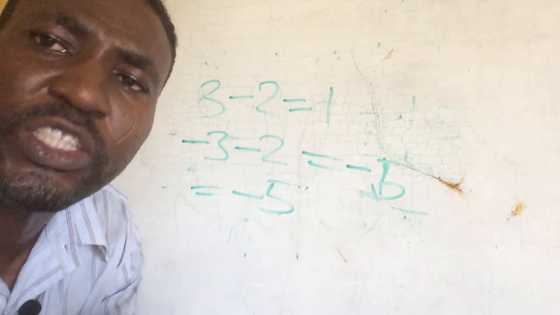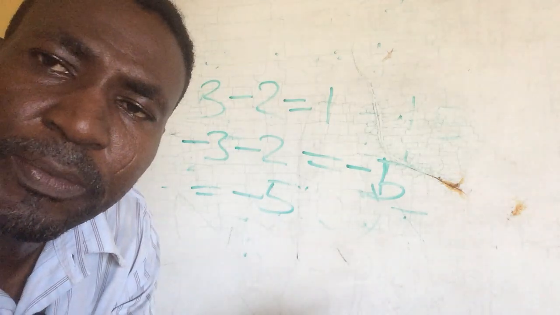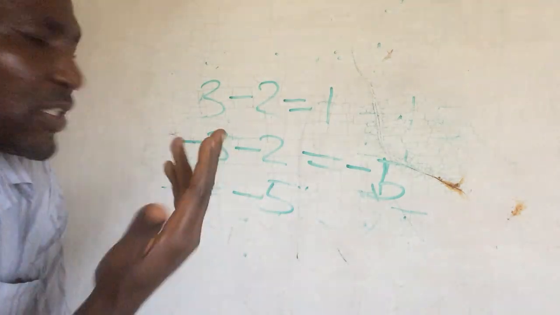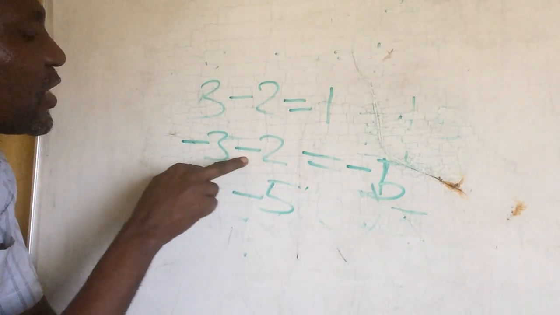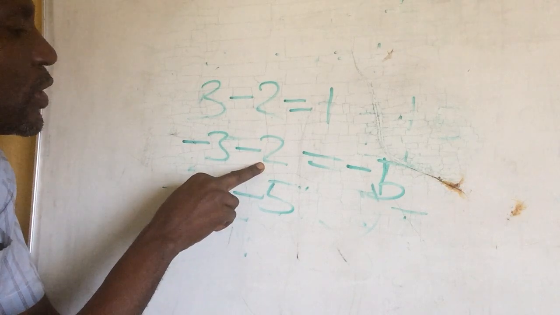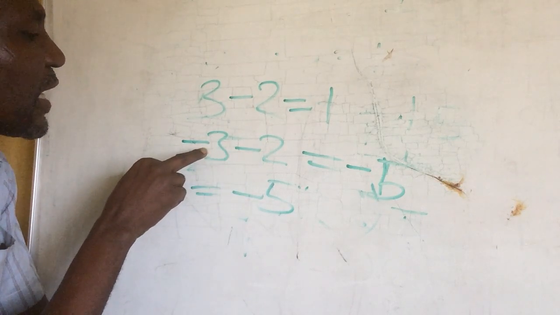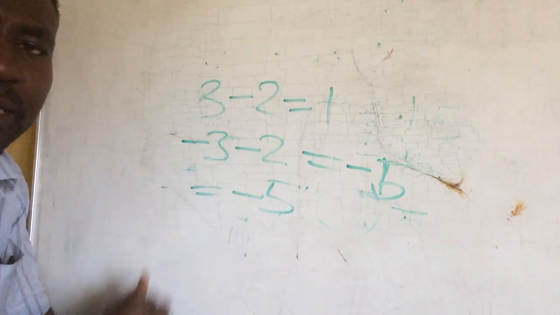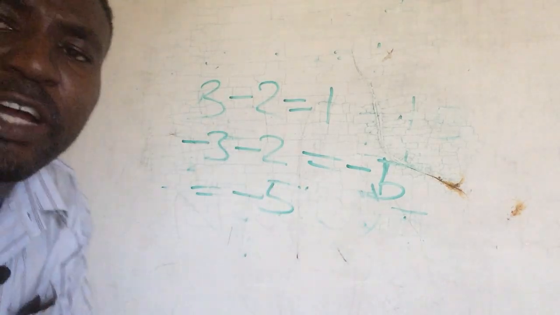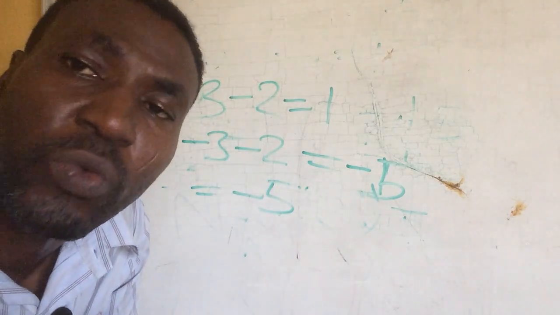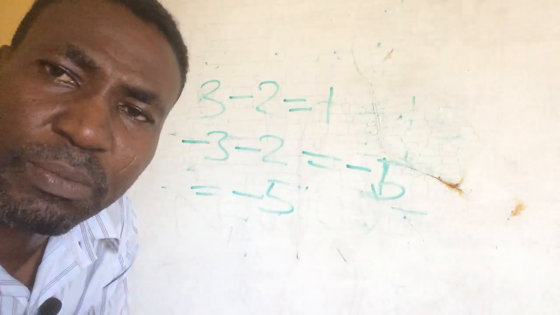Instead, the two of them will join together and begin to look for food. That is what is happening here. There's no way this hungry man 2 can take food from the hungry man 3. What do they do? Two of them will team up together. They will become 5 hungry men and start looking for what they will eat. That is simple.